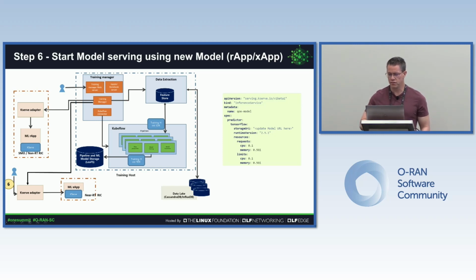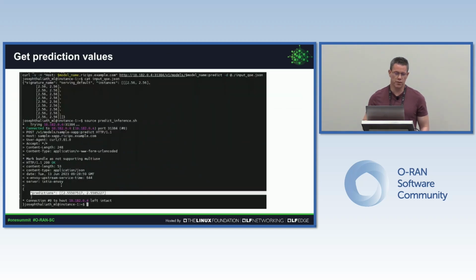The only thing that we have to take care of here is to specify the location of the object that is going to be pulled and start putting the information in the runtime. And once we have this information, we can start making some predictions.